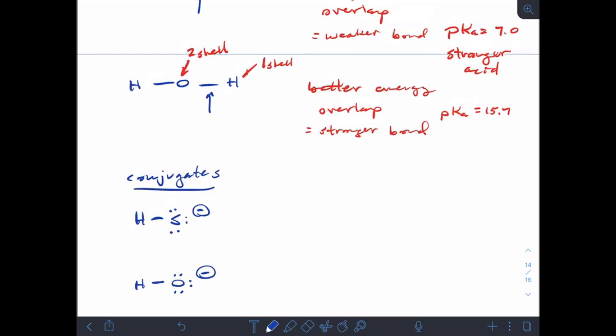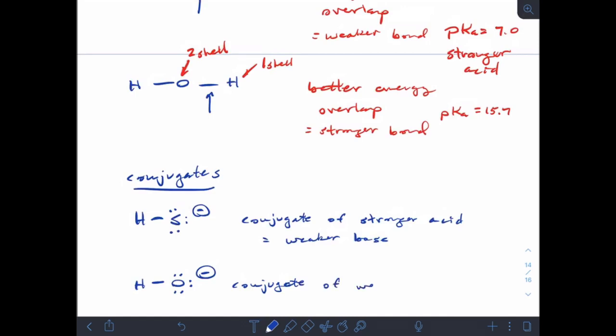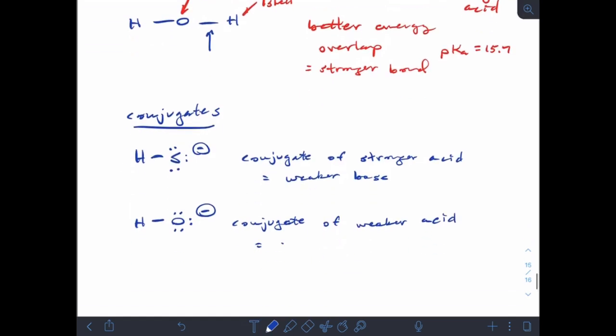Remember, the conjugate of the stronger acid will be a weaker base, and the conjugate of the weaker acid is a stronger base. You don't really get much stronger of a base than OH minus, to be short.